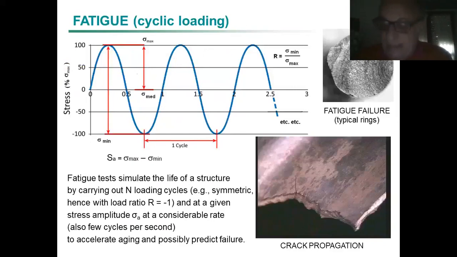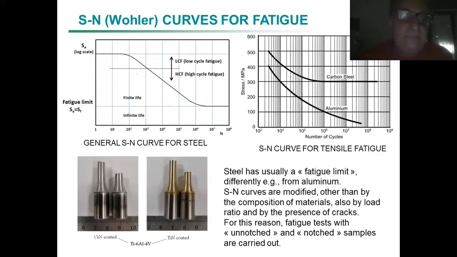You may start with the maximum amplitude you are interested in, which relates to the use stresses. So I have the maximum tensile stress during use and the maximum compressive stress during use. Of course, they might be symmetric.